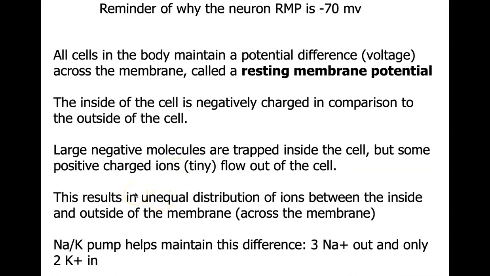Potassium is far more permeable to the cell than sodium is. What this results in is an unequal distribution of ions between the inside and outside of the membrane. And what's maintaining that difference, partially or mostly, is the sodium-potassium pump. Remember, it's pumping 3 sodium out and 2 potassium in.